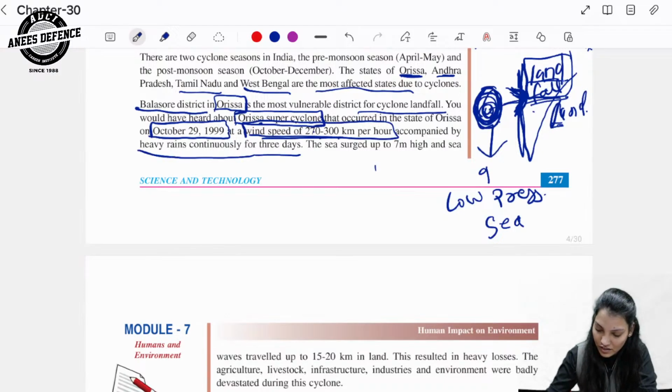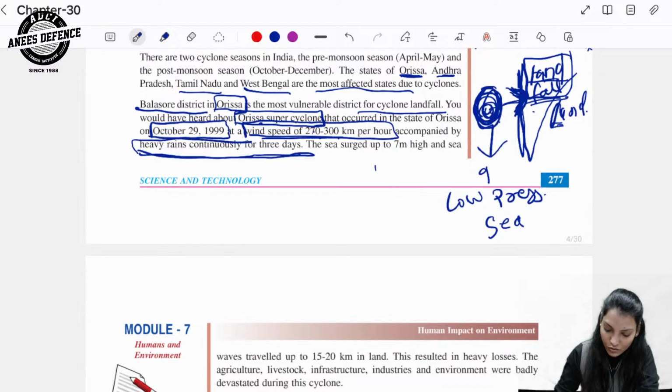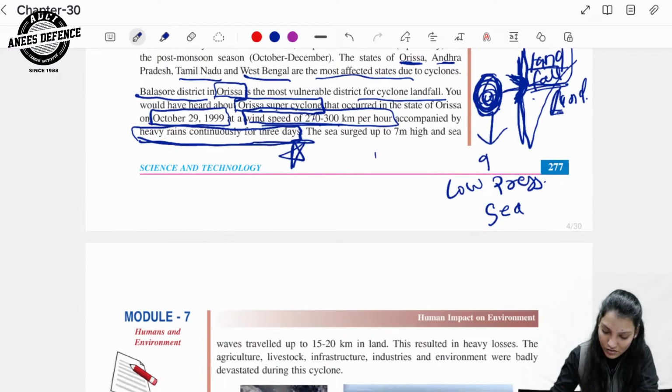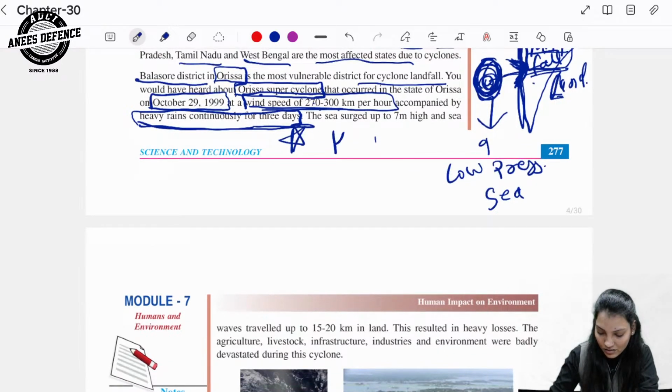Whenever landfall occurs, after every landfall of the cyclone, there is a condition of heavy rainfall. So when this super cyclone came in Odisha, after the landfall, rainfall continued for 3 days. So you have to remember this particular example. If you want to write in the exam, you can write it in your theory, as well as keep it as a case study for writing.